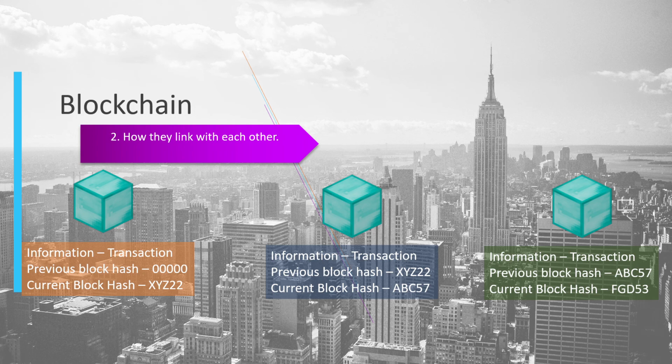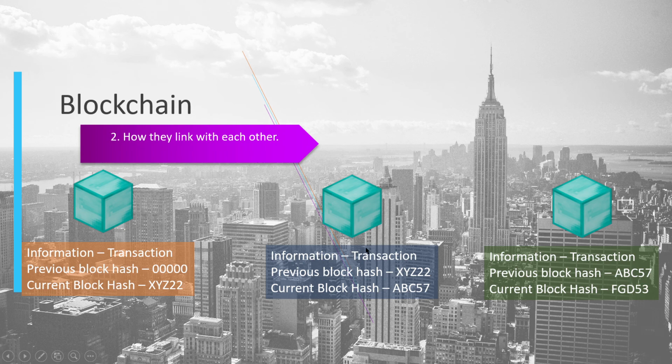Now there is a current block hash. This data, points 1 2 3 4, came together and created the hash. Now this current block hash is passed to the next block. Like check in block 2, the previous block hash is the same as the first block hash, because this hash information is passed to the next one.